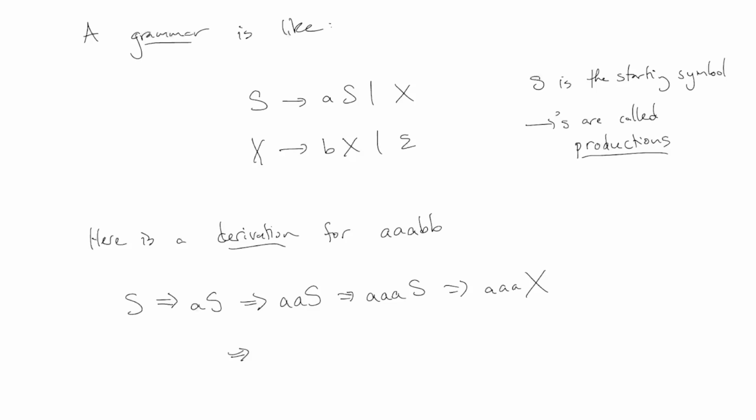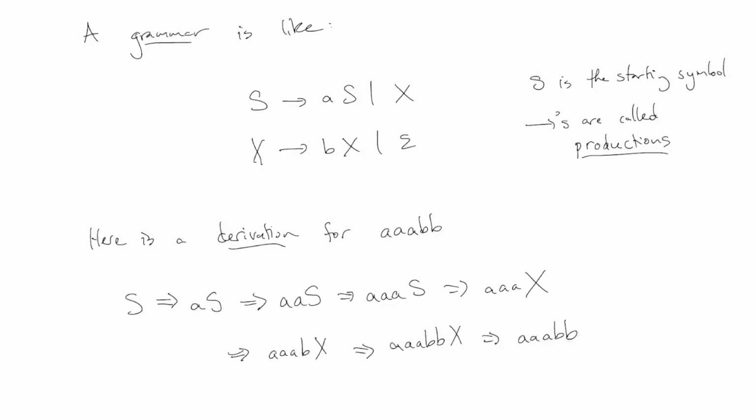So next I go X goes to BX. So it's AAABX. That was once. Then I'm going to do it again. AAABBX. And then finally to finish, I go X goes to the empty string. And that is a complete derivation. All right, that's called a derivation.